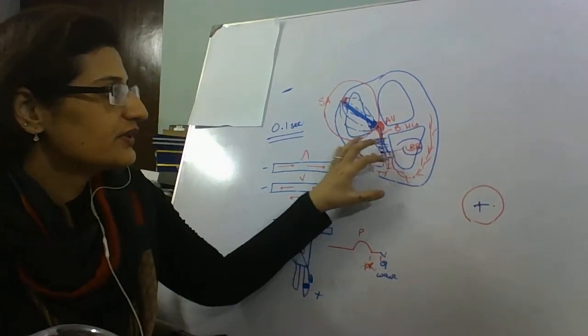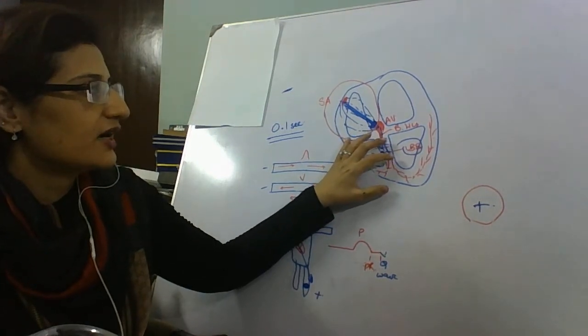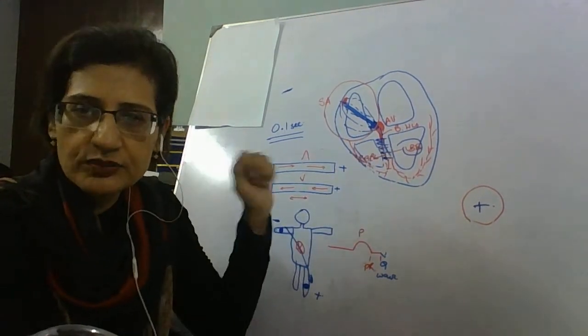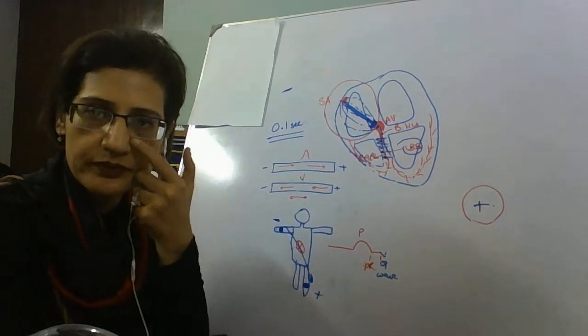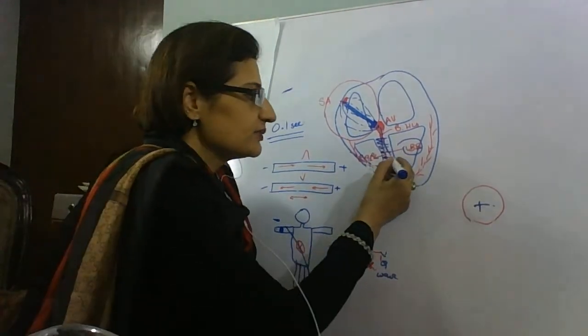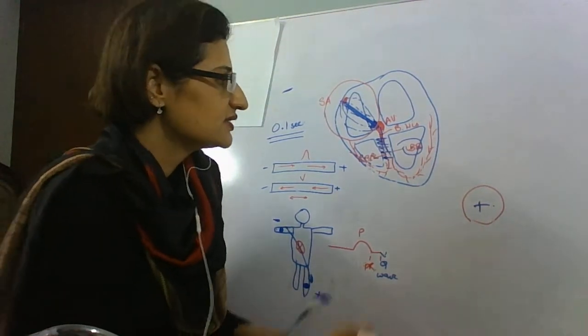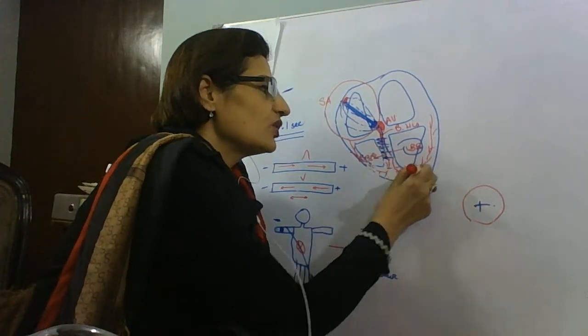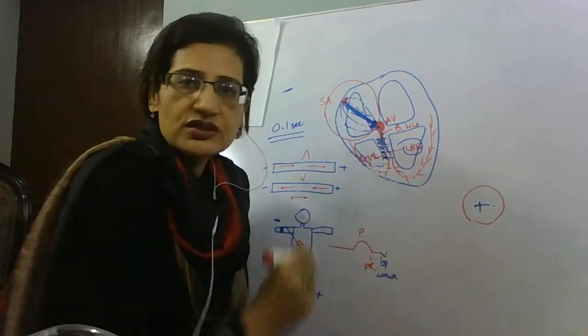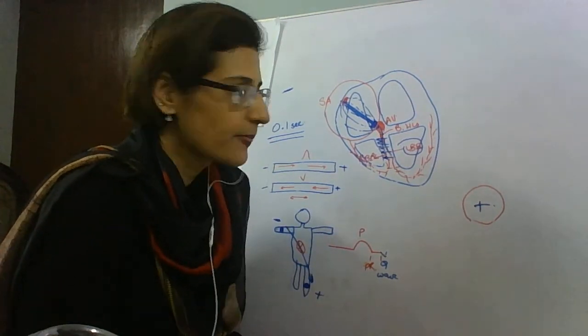Now what happens? When the impulses have passed through the bundle branch, they go into the Purkinje system. This Purkinje system is innervating the walls of the ventricles, right?